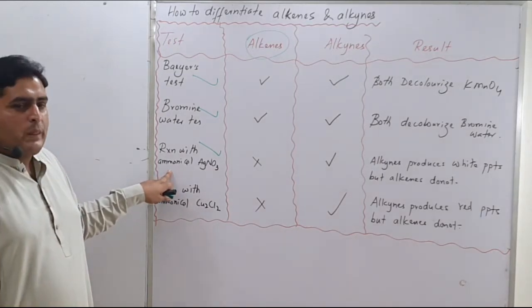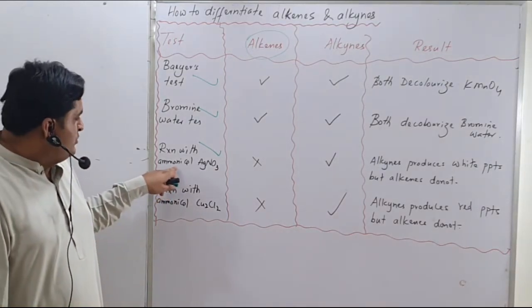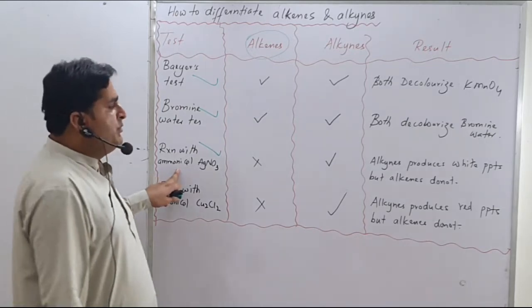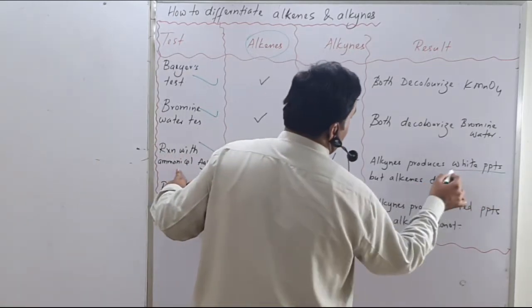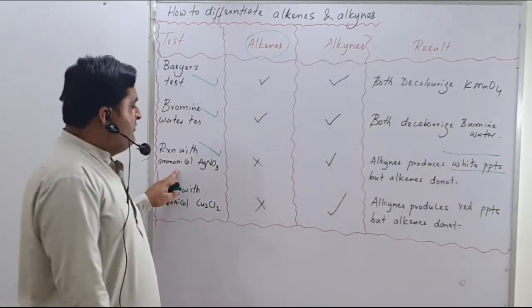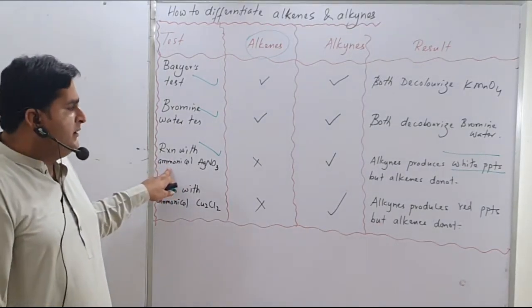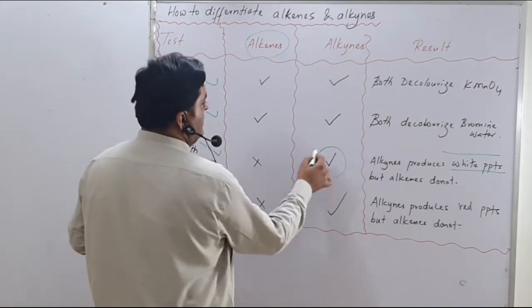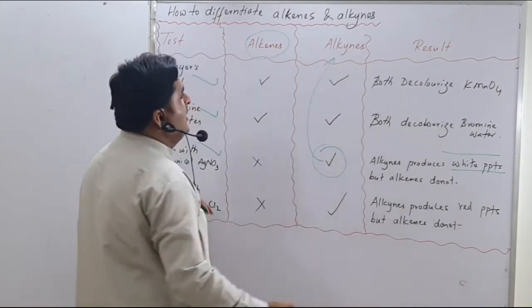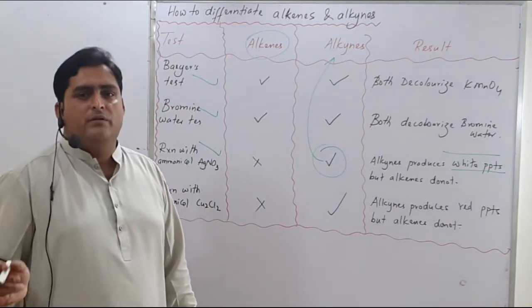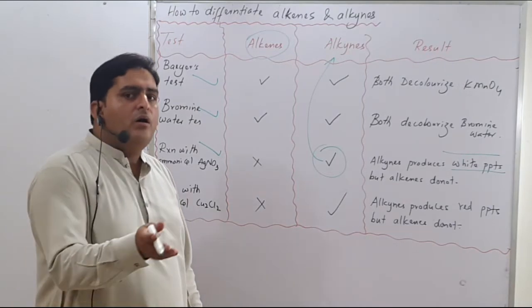But if a compound is responsive to ammoniacal silver nitrate, it produces white precipitates. The compound is surely an alkyne. So in this way, we can differentiate whether we are having an alkene or alkyne.